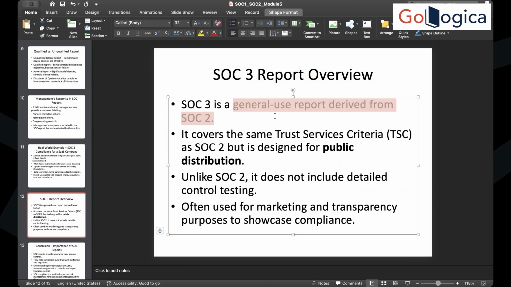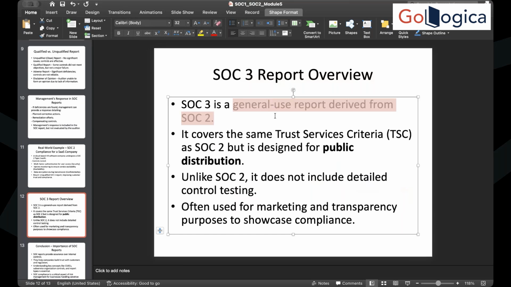In SOC 3, you will just mention controls that are general in nature, not specific to a product or a service, and this is publicly available on a company's website. You can search, for example, Google SOC 3 report, and you'll find it. If you read the controls, they are mostly entity level controls, which have nothing to do with the service or the product.